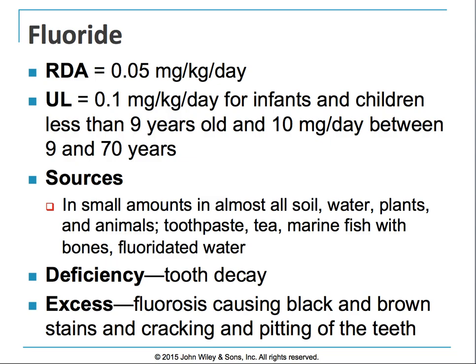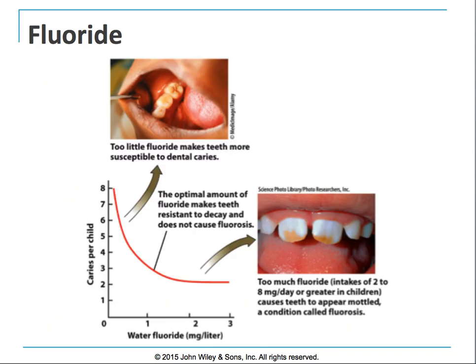Excess fluoride can lead to fluorosis, which causes black and brown stains and cracking and pitting of teeth. So this illustration shows too little fluoride and how that can make your teeth more susceptible to cavities. But too much fluoride can again lead to fluorosis, which includes that brown staining on teeth.